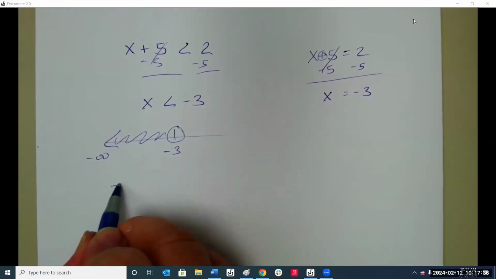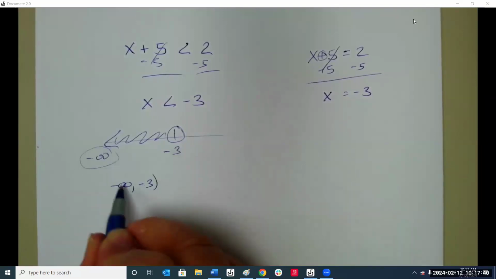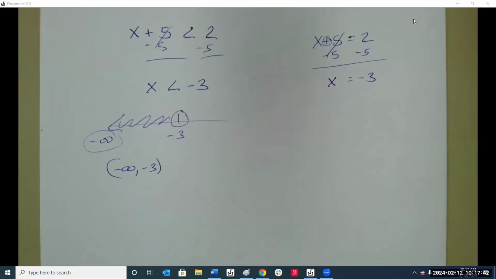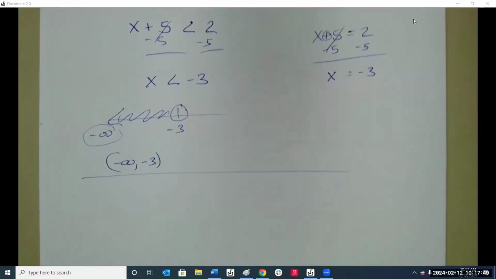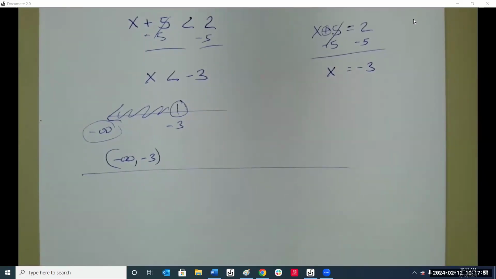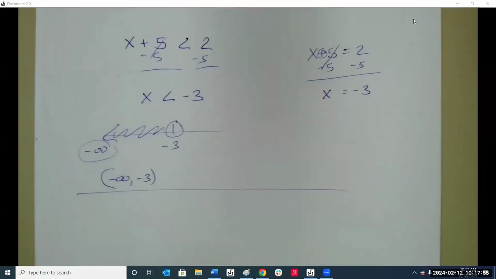The interval would be -infinity to -3. There. You have to be able to convert from any one of the three methods to the other two. Is everybody okay with that? Because I'm going to start giving more complex equations here.